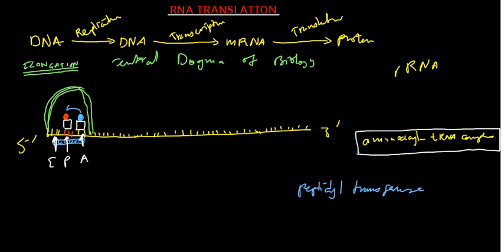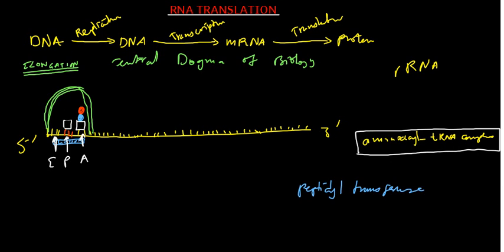That bond is formed in such a way that the amino acid in the P site is going to join on top of the amino acid on the A site. So I'm going to remove that one. That was the methionine in the P site. So the methionine now is linked to histidine in the A site.